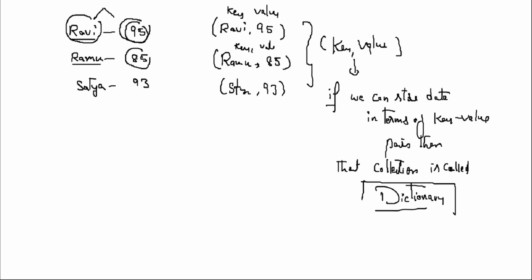So in a dictionary, you don't have ordinary elements. In a dictionary, the elements are in the form of key value pairs. So this is the introduction about dictionary.